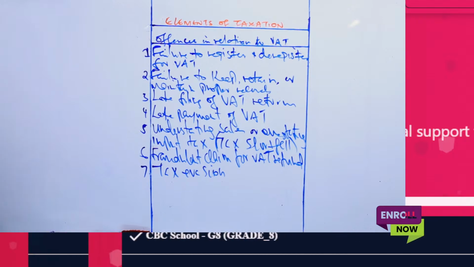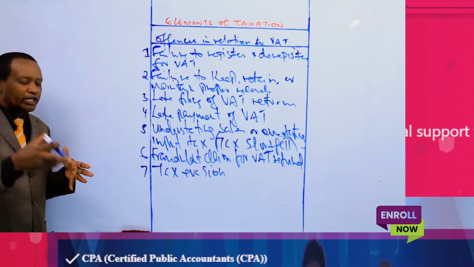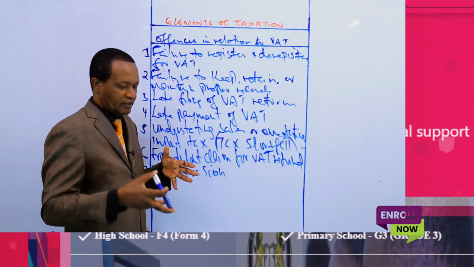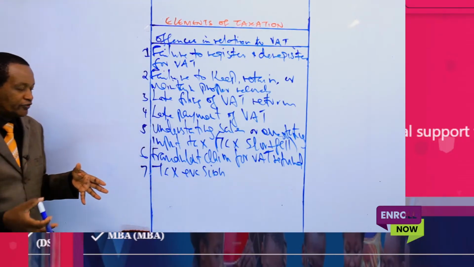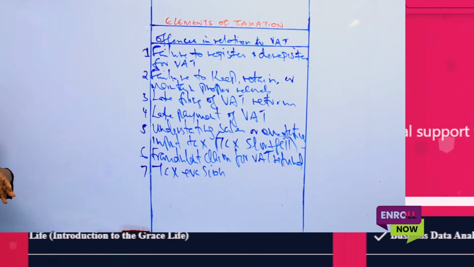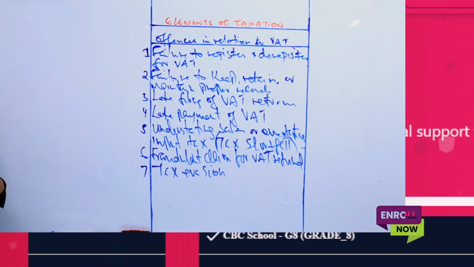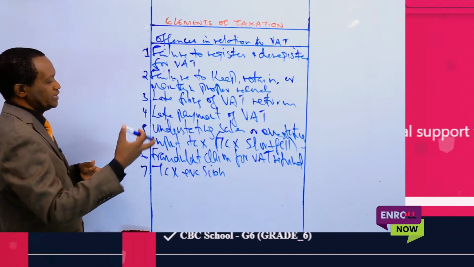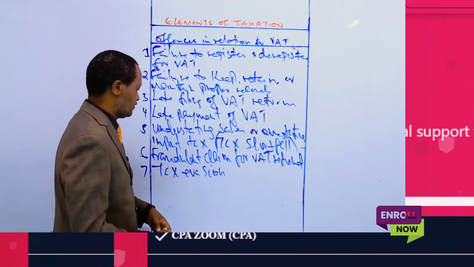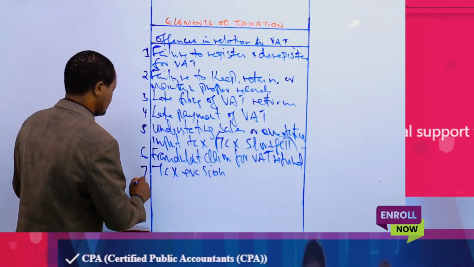And while it is not explicitly defined, it's treated similar to fraud, which means willful neglect or gross neglect under the Tax Procedures Act. Tax evasion is an offense.